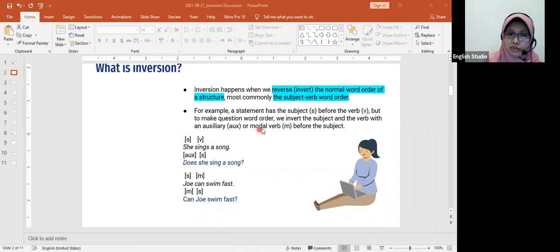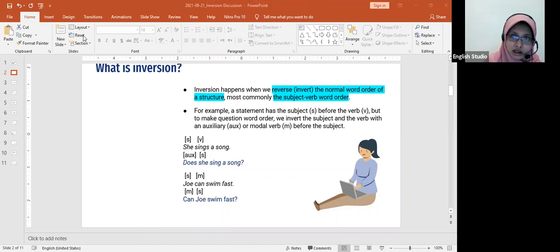Or we can also use a modal. If the usual sentence is Joe can swim fast, then in a question we need to use the modal first: Can you swim fast? And of course, that is why a question is categorized as an example of inversion.